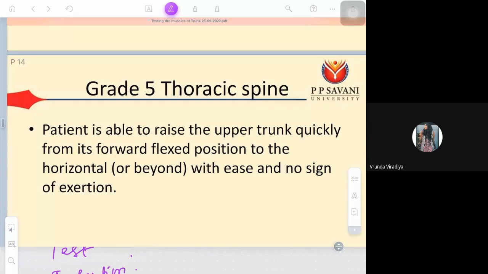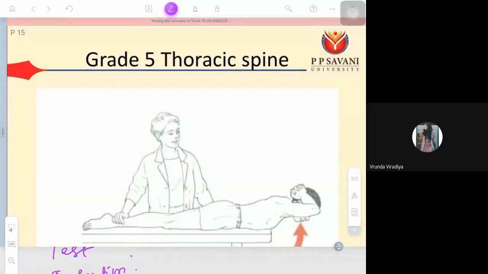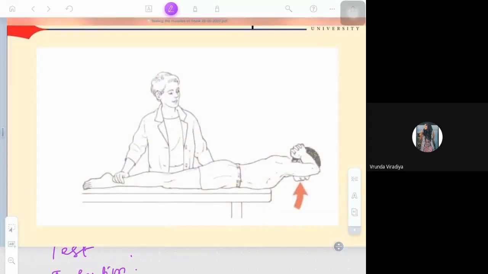And what is the grade? This is up to the level of the table.